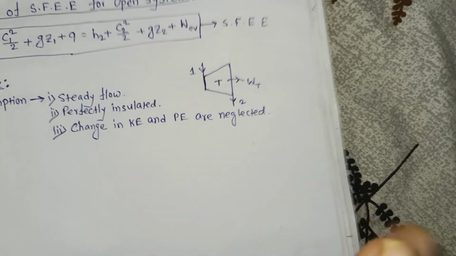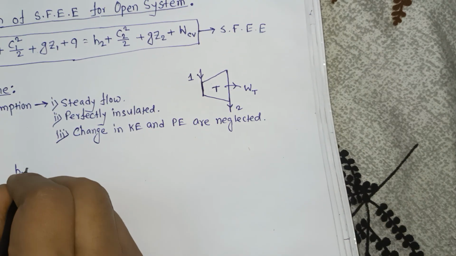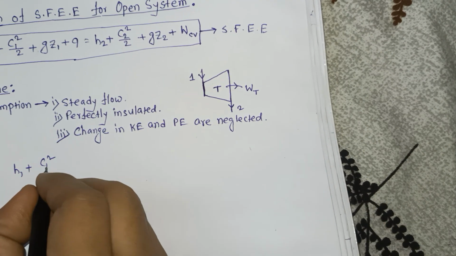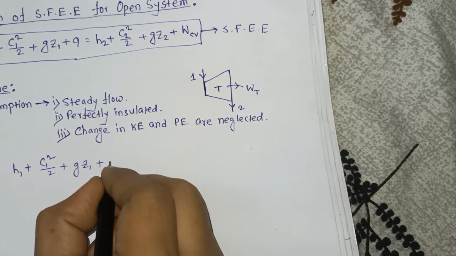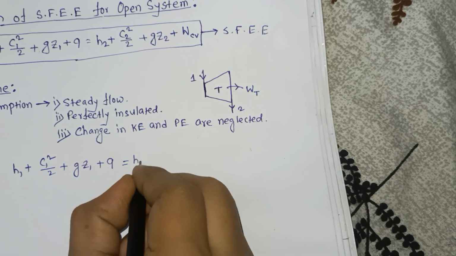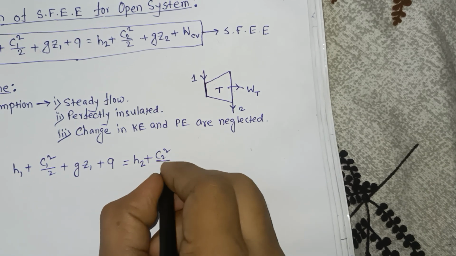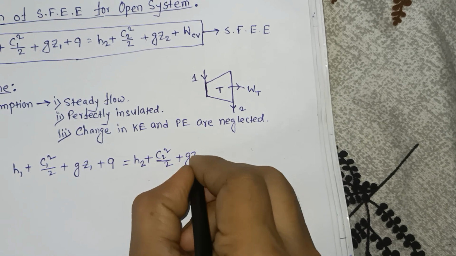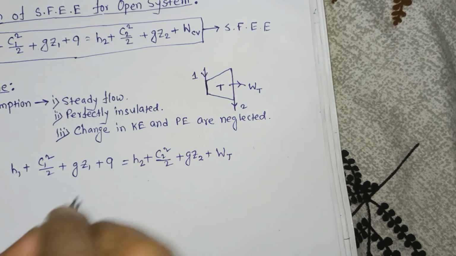Now apply steady flow energy equation for this case. First write the steady flow energy equation: h1 plus c1 square by 2 plus g z1 plus Q, that is equal to h2 plus c2 square by 2 plus g z2 plus W of turbine.